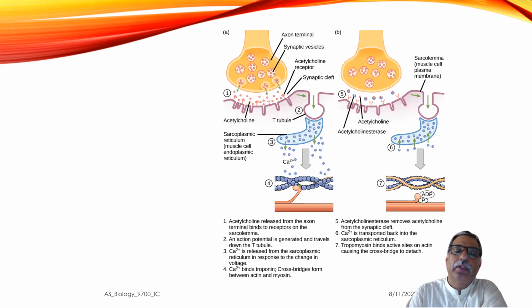When the nerve impulse reaches the end of the motor neurons at the neuromuscular junction, it depolarizes the synaptic membrane. Acetylcholine vesicles merge with the membrane at the synaptic knob and release acetylcholine molecules by exocytosis. These acetylcholine molecules interact with the receptors on the sarcolemma of the muscle fiber.